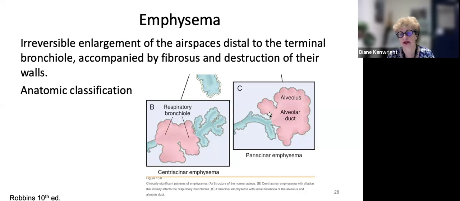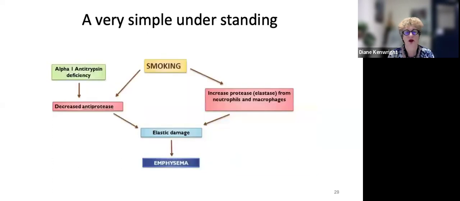It can be dilated at the end, which is the most commonplace, pan-acinar emphysema, or it can be dilated further up the respiratory tree, centri-acinar emphysema. I actually find this a particularly useless classification because people don't present with this. They present with symptoms due to causes, and I prefer to think of it in a pathophysiologic way rather than an anatomic way.